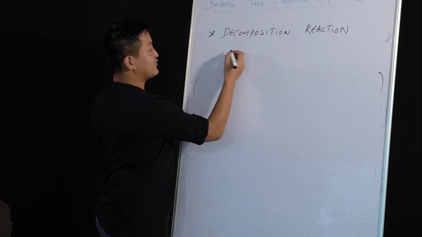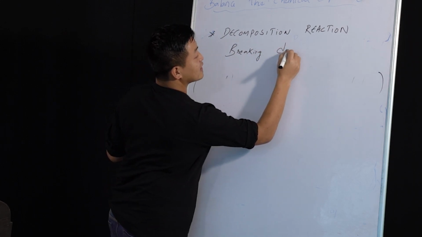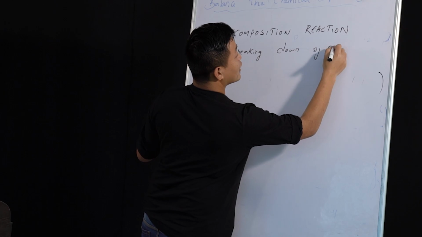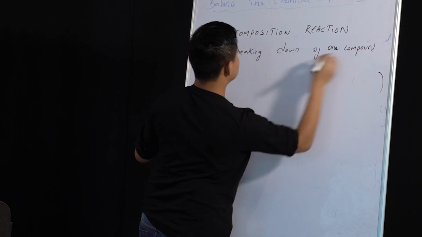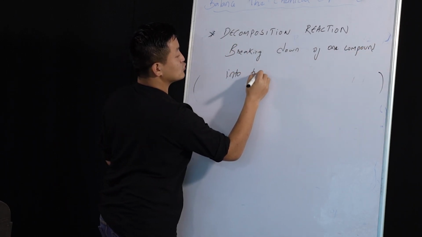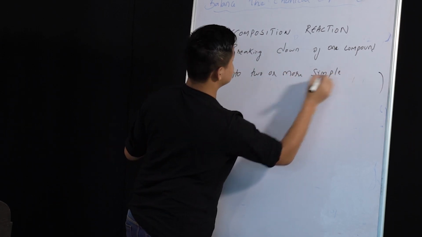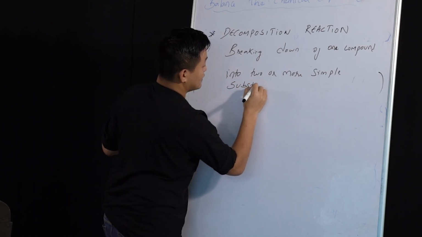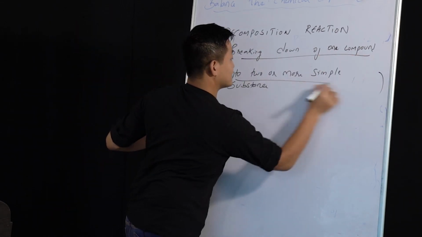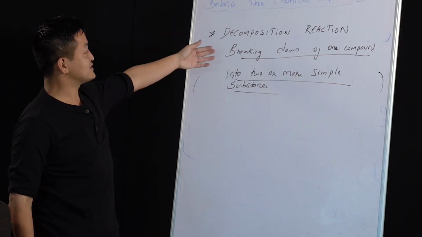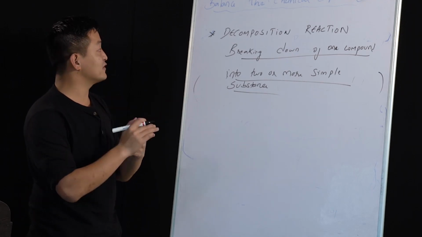So decomposition reaction is defined as breaking down of one compound into 2 or more simple substances. If you just read this definition, breaking down of one compound into 2 or more simple substances, this is just the opposite of combination.